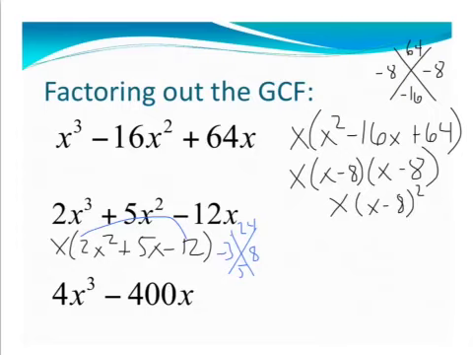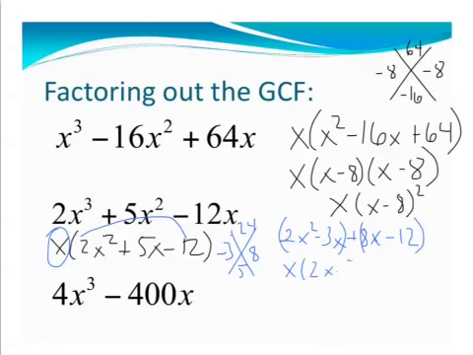So that x, this x right here, is just going to stay chilling out front. Don't worry about it. I'm going to worry about the inside for now. So I'm going to have 2x squared minus 3x plus 8x minus 12. I'm going to group it. And here I can take out an x, and I'm left with 2x minus 3.